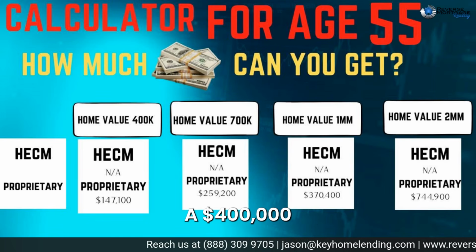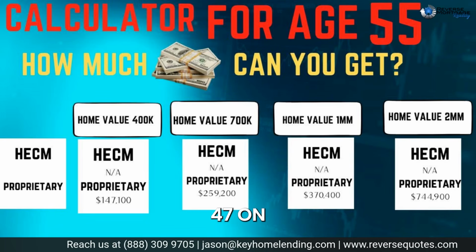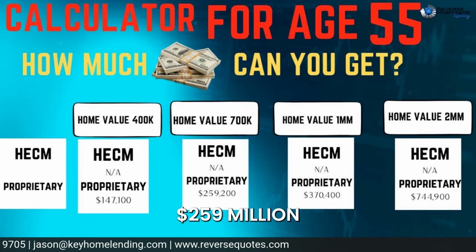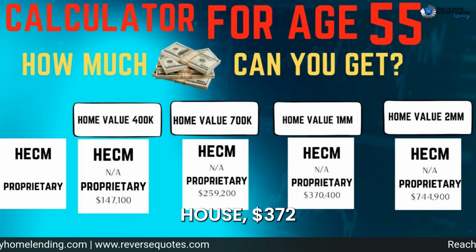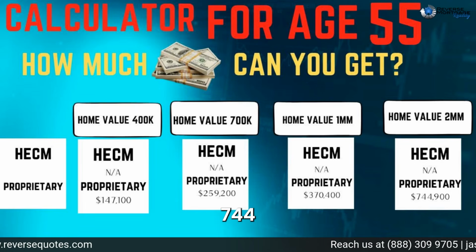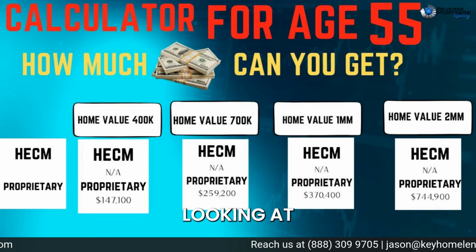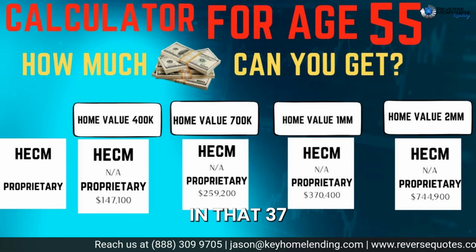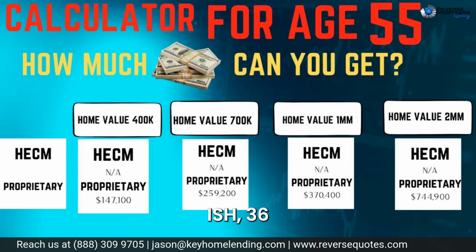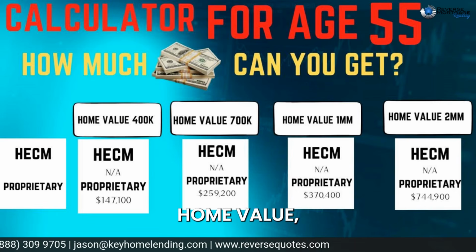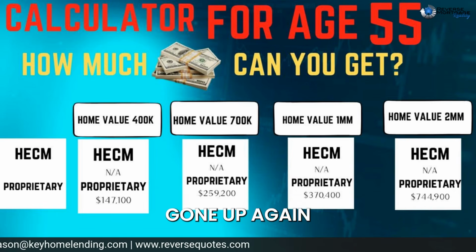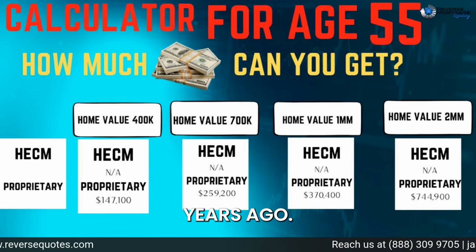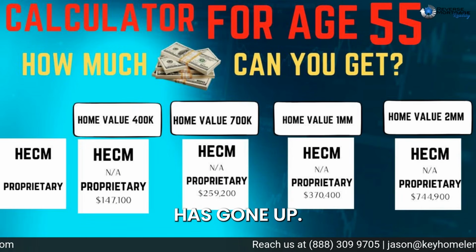So on a $400,000 house, you're looking at about $147. On a $700,000 house, $259. $1 million house, $370, and a $2 million house, $744. So you're looking at about, at age 55, somewhere in that 36 to 38% of your home value, which has gone up, again, drastically from where it was a couple of years ago. Even months ago, this number has gone up.